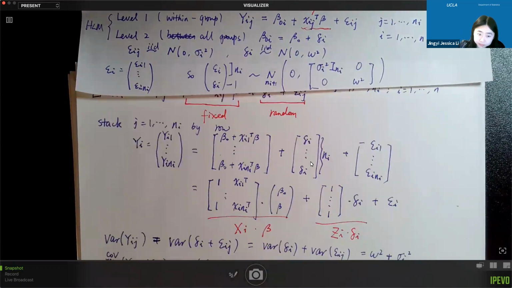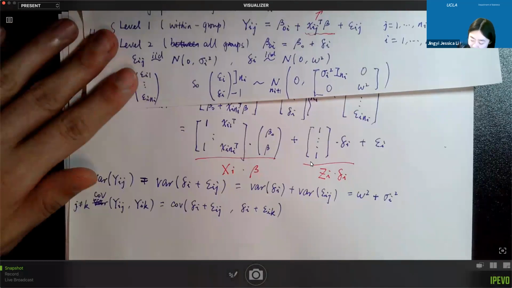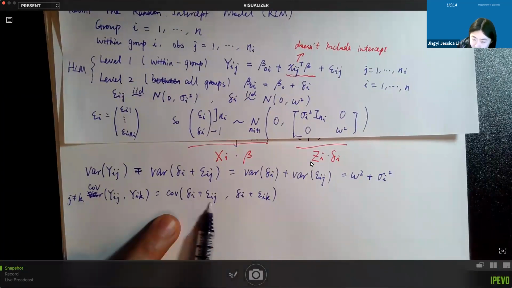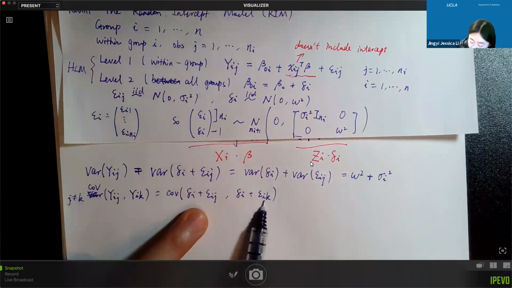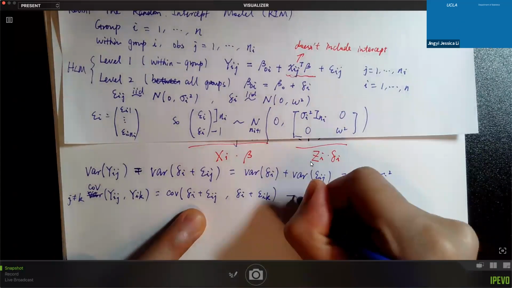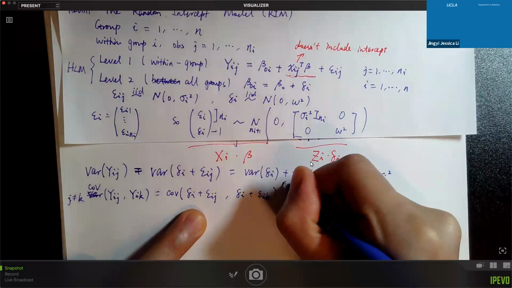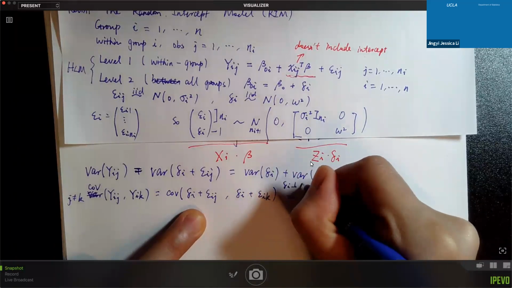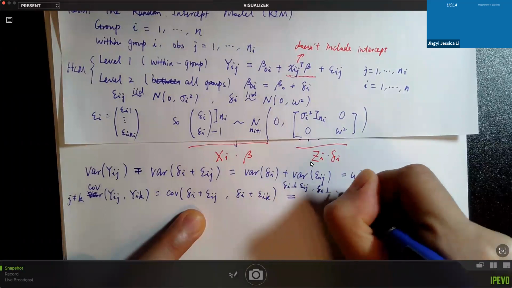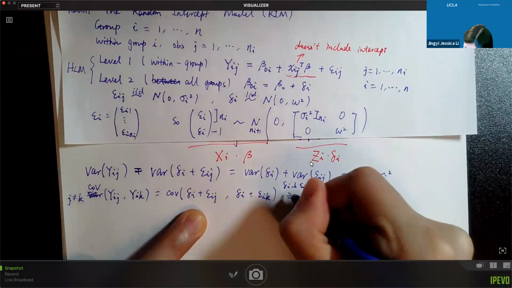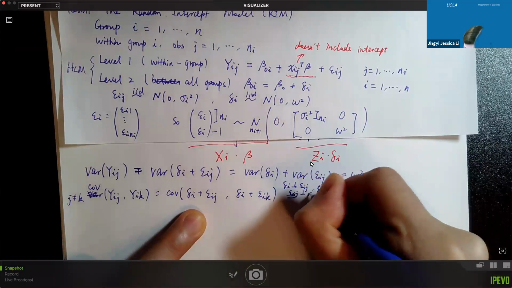And by the independence between these, we have independence of all three. Delta i is independent of epsilon ij, delta i is independent of epsilon ik, and epsilon ij is independent of epsilon ik.